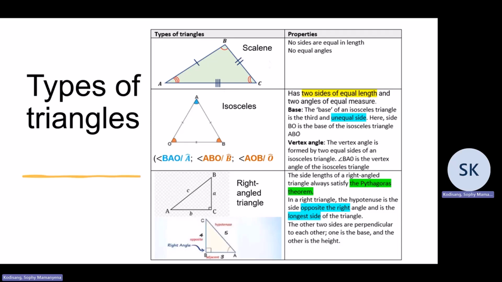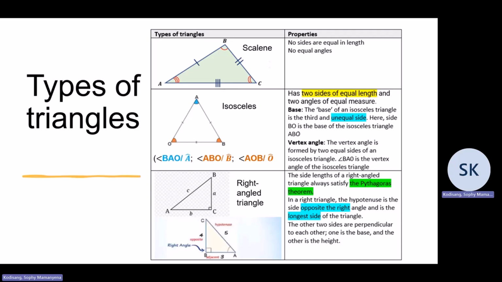Now again, with a scalene triangle, no equal angles. You can see with angle A, there are 3 markings, angle B, only 1 marking, and angle C has 2 markings. Because the markings are not the same, they are not equal, it means this is a scalene triangle.